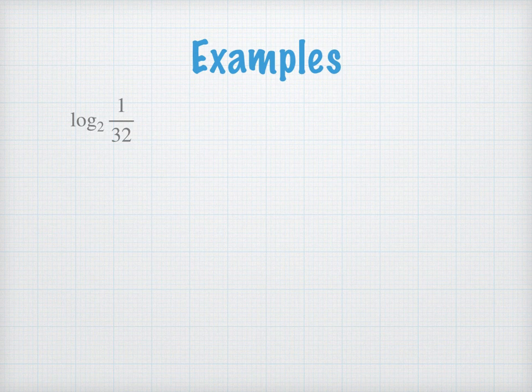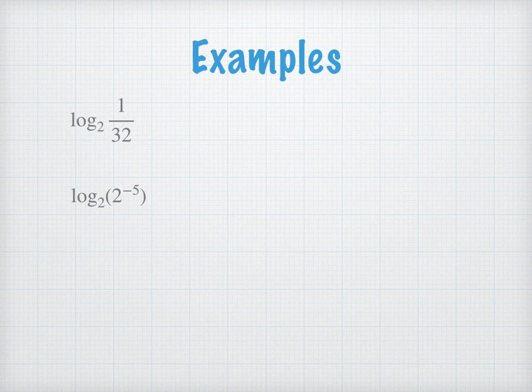Looking at our next example, we see log base 2 of 1 over 32. Let's think about 32. 32 can be written as 2 to the fifth. But it's not going to do us any good if it's in the denominator. So let's bring that up to the numerator and write it as 2 to the negative 5.